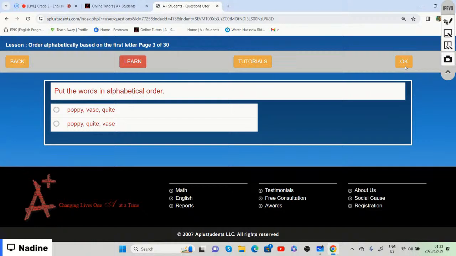All right, so if we put that in alphabetical order, do we say poppy, vase, quite, or poppy, quite, vase?